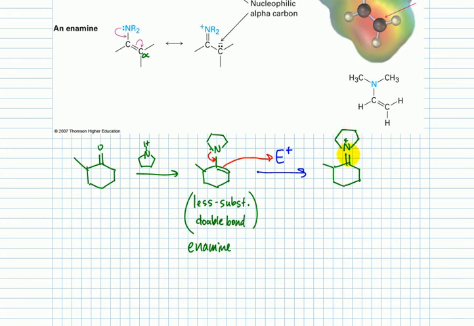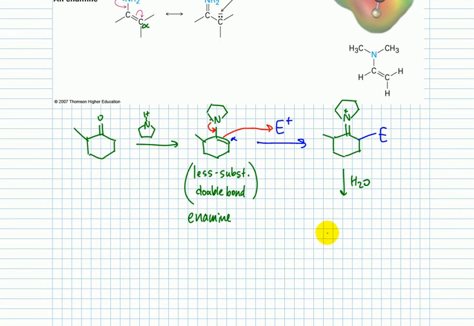That's a double bonded N with a plus, and our electrophile added to the alpha position. Then water will hydrolyze that iminium ion, sort of the reverse of the enamine formation, giving us back the original carbonyl that we had, but now an electrophile has been added to the alpha position.